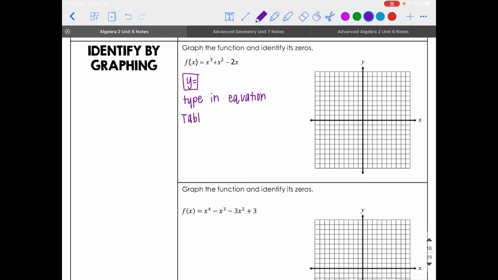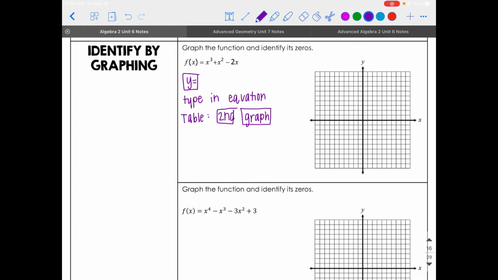Now, if we are graphing, we want to look at the table. You do this by clicking Second Graph. The reason we go to the table is because it helps us get the most points and our picture is more accurate.